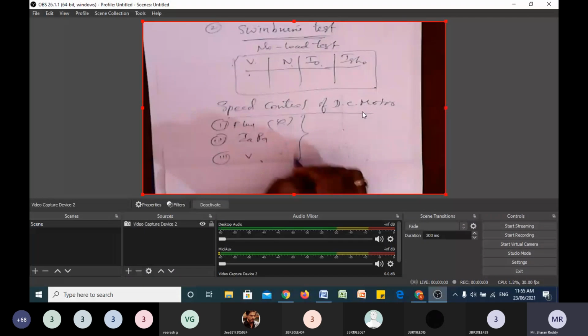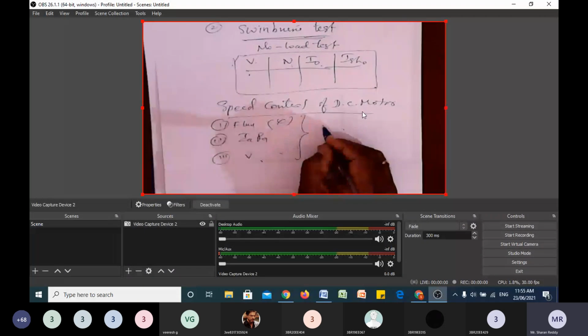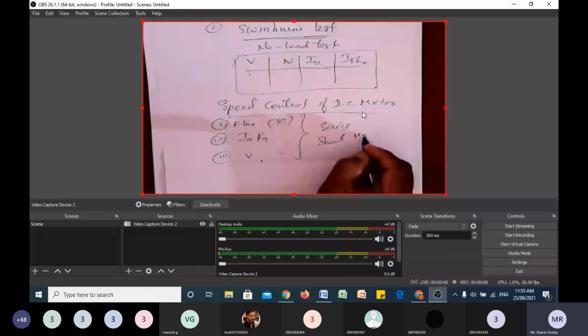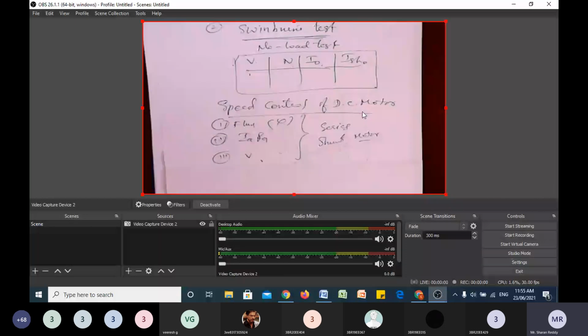We have to explain for 2 motors: the series motor, where we explain all the 3 techniques, and the shunt motor, along with some numericals. These are important concepts which are required in the final year also. So we'll discuss that next.